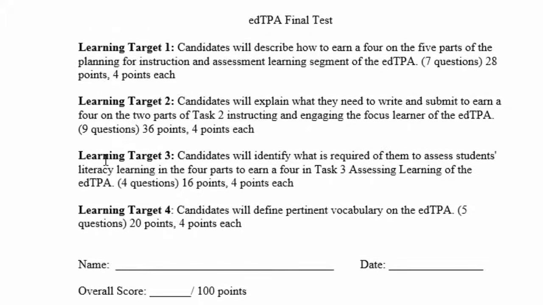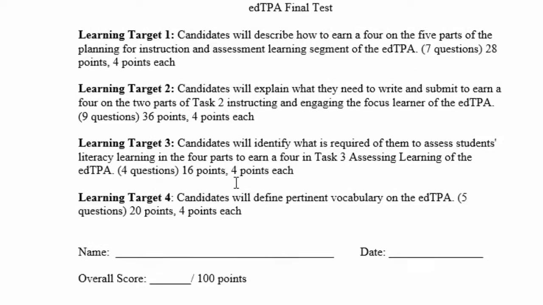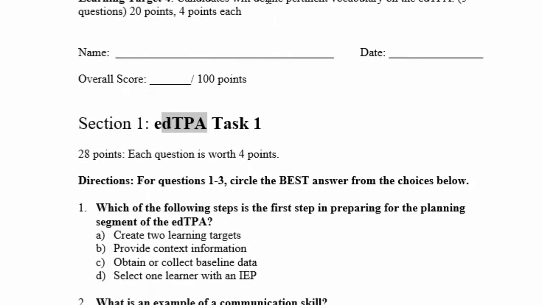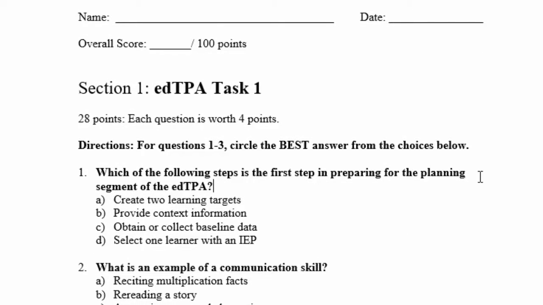It just happens that each of these 4 objectives are about the EdTPA tasks. But you should organize them by your question type and then code the learning targets, LT1, LT2, and then put it after your question. So that's what I want to edit in here.